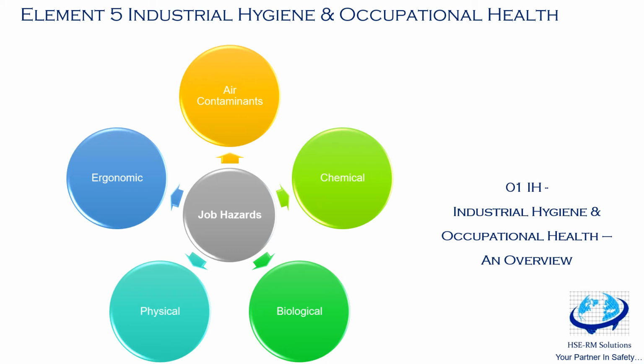To be effective in recognizing and evaluating on-the-job hazards and recommending controls, industrial hygienists must be familiar with the hazards' characteristics. What are the potential hazards? They can include air contaminants, chemical, biological, physical, and ergonomic hazards. These are the things an industrial hygienist identifies.